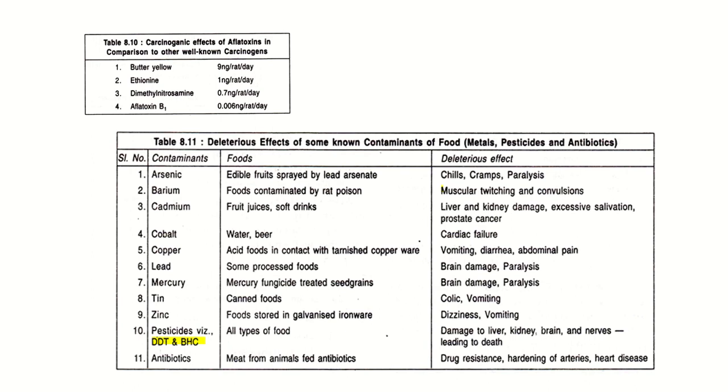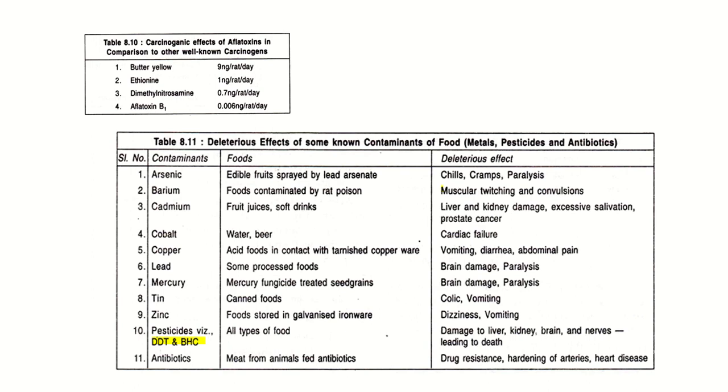Similarly, cadmium. Cadmium is one of the heavy metal toxicities found in most regions with water pollution or heavy industries. You will find cadmium is one of the components there.